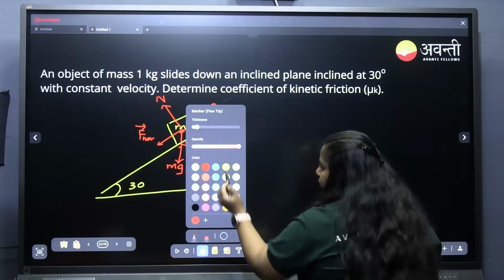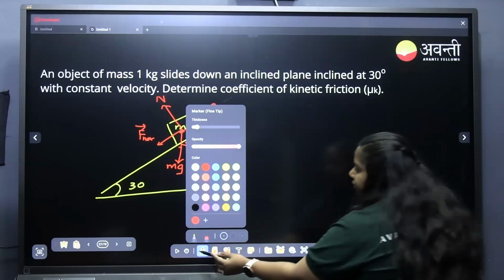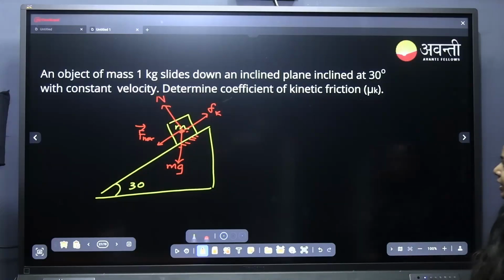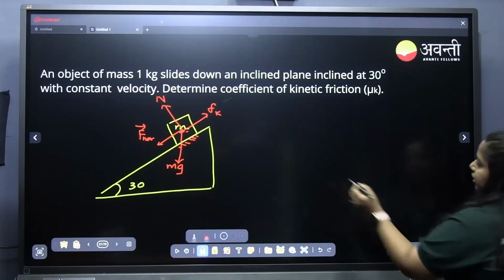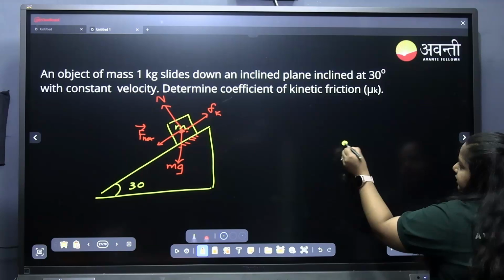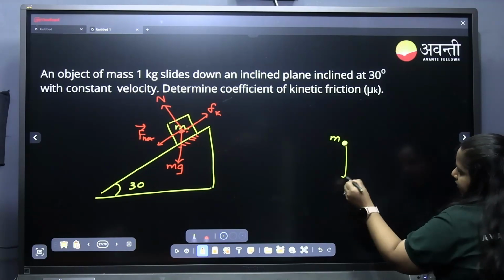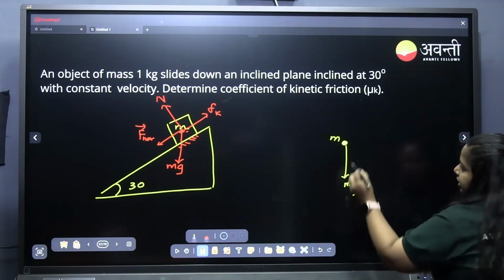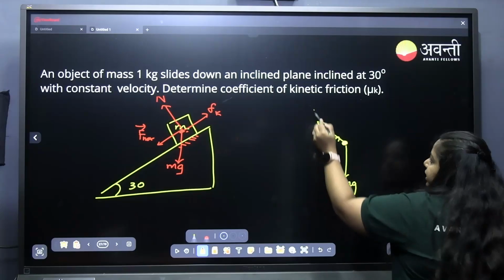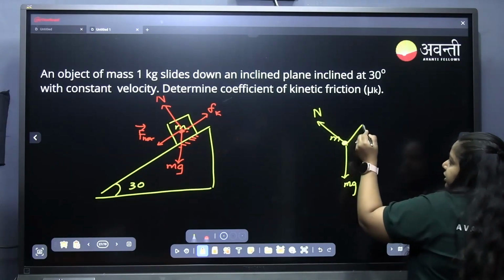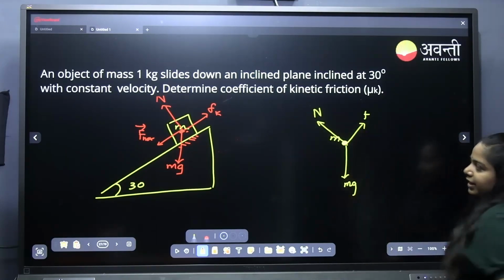Now we have to separately find other things. Now see, this is our mass m, mg in this direction, normal force in this direction, and frictional force in this direction.